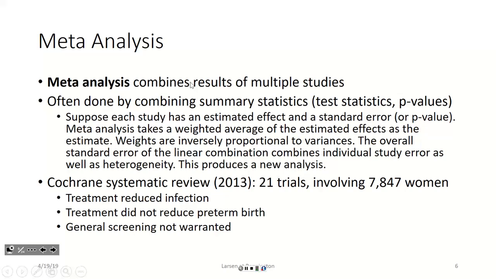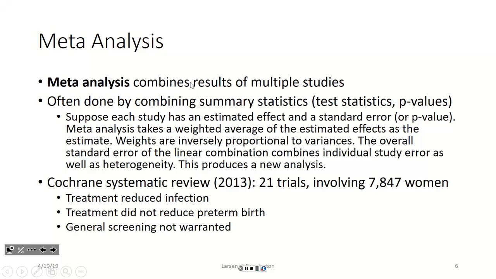Meta-analyses combine results. A traditional meta-analysis might just take summary statistics, test statistics and p-values, and along with them an estimate of the effect of treatment, such as an odds ratio or a hazard ratio, and a standard error for that.